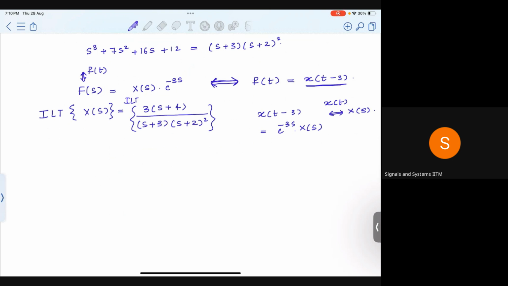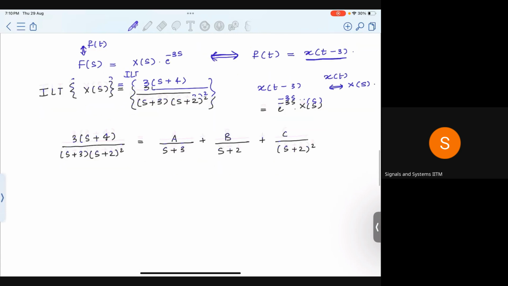Remember, when you have something like this, always write it in terms of s plus 3 times s plus 2 square. Always try to represent it in terms of the fraction of variables. How do we write the fraction of variables? This is how we write them and equate the expressions.